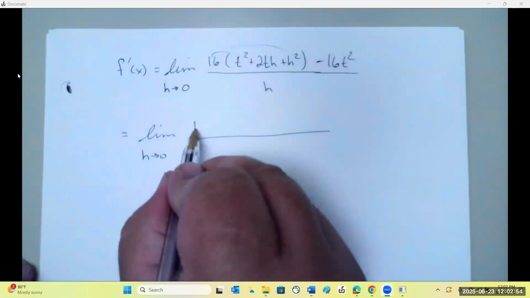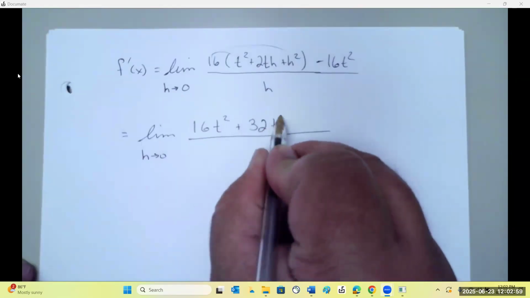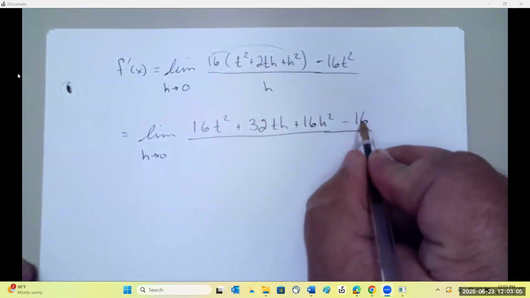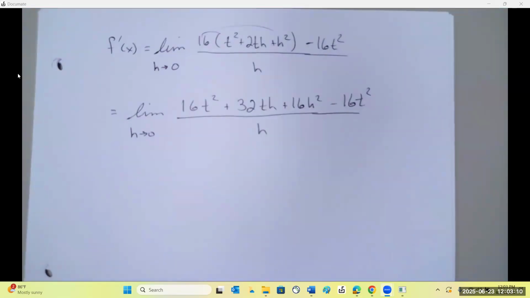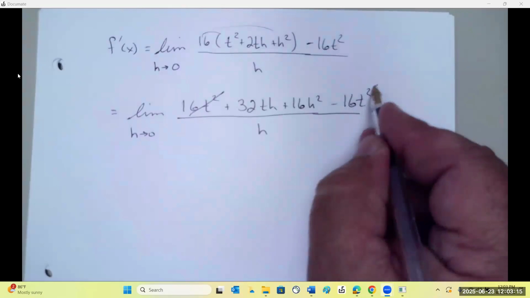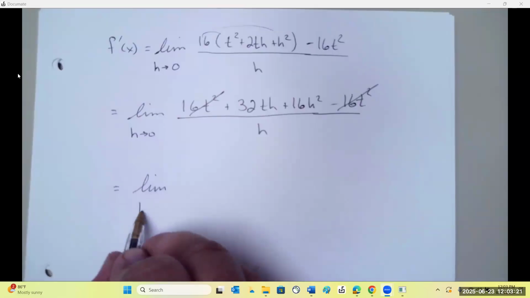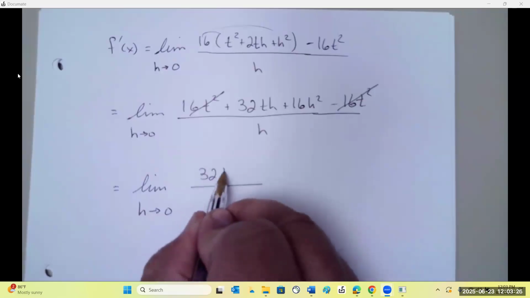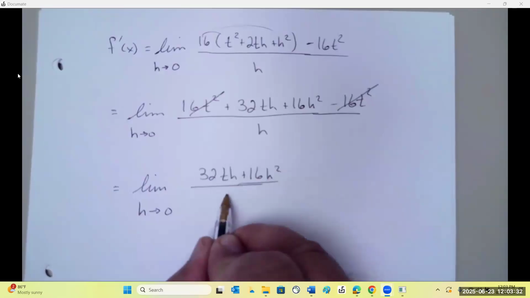Distribute: 16t squared plus 32th plus 16h squared minus 16t squared over h. The 16t squareds cancel. We have (32th plus 16h squared) over h.